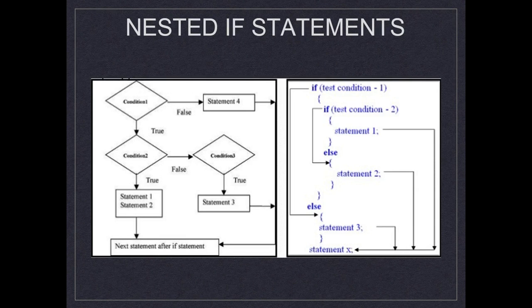I use the word structure really loosely here. It's just meant to say it's a collection of pieces of code. There's an anatomy to it, and there's a body, and that body is indented once.